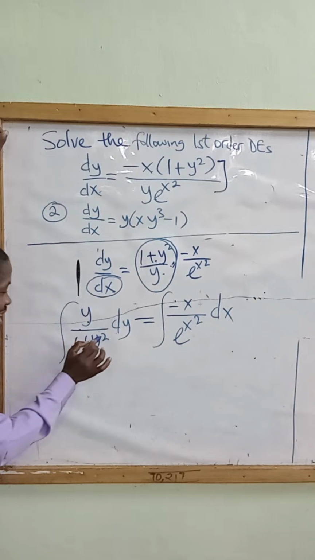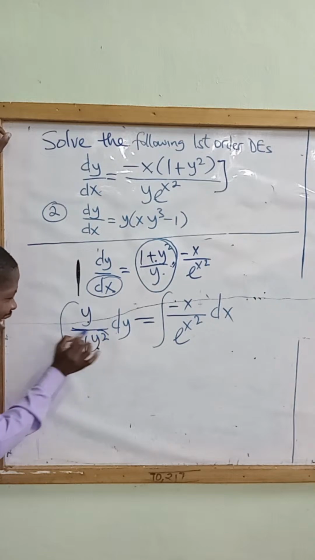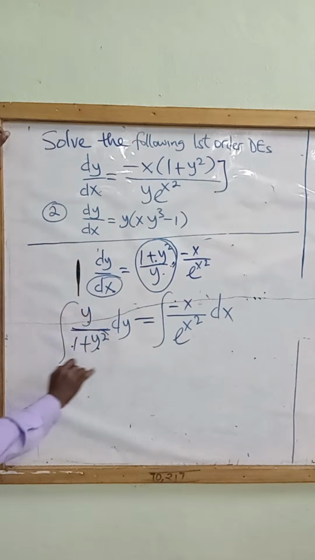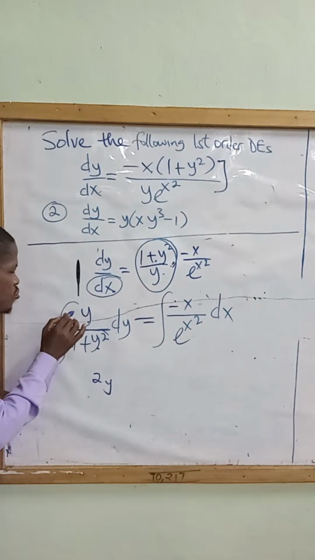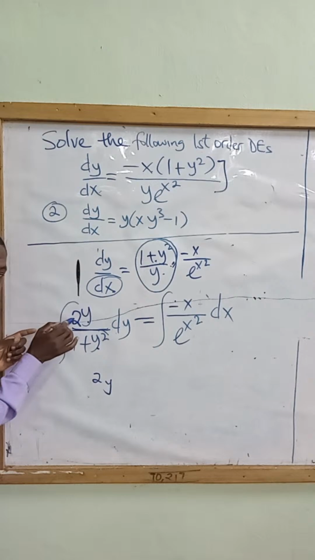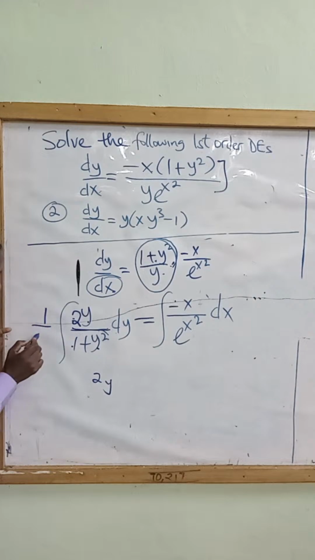We look at the derivative of the denominator, the derivative of 1 plus y squared, which is 2y. We want to make it equal to the numerator, so I'm introducing 2 to this place, and I need to cancel it outside the integration.